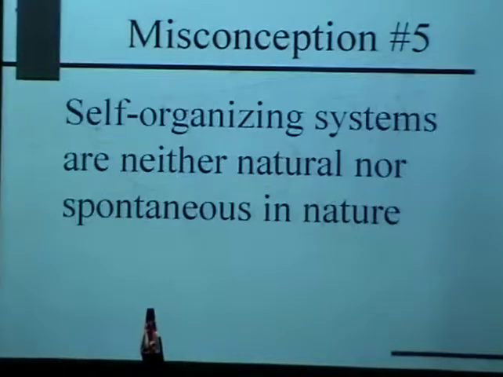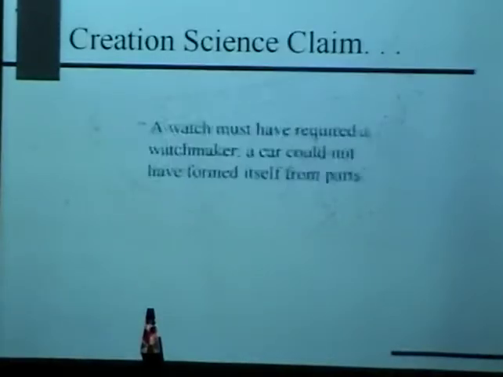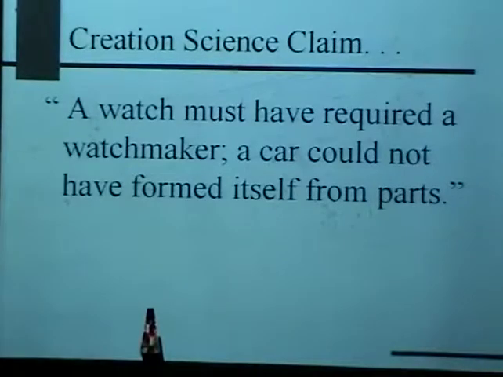Okay. Last misconception we'll deal with, this is very similar to the other one, the idea that self-organizing systems are neither natural nor spontaneous in nature. Here's one statement which is pretty succinct: a watch must have required a watchmaker, a car could not have formed itself from parts.